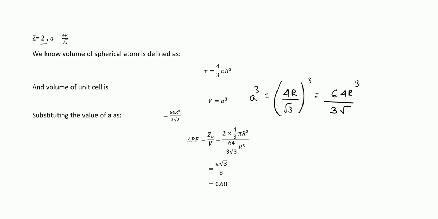Right? So we will substitute this value in this equation of APF, which is atomic packing fraction equals Zv divided by V, where V is the volume of the unit cell, equals 2 multiplied by 4 by 3 pi r cube divided by 64 by 3 root 3 multiplied by r cube.